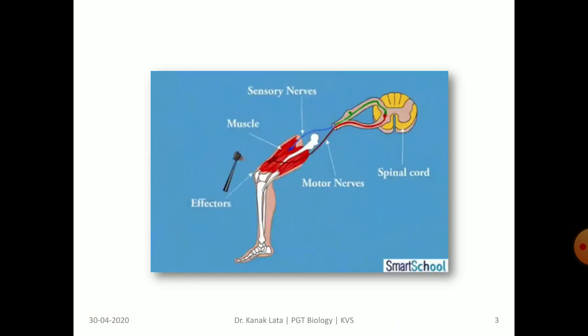In this figure, you will observe that the sensory nerves or sensory neuron receive the stimulus from the receptor and it passes to the spinal cord, and from the spinal cord it is sent to the motor nerves, and from the motor nerves it passes to muscles to act.